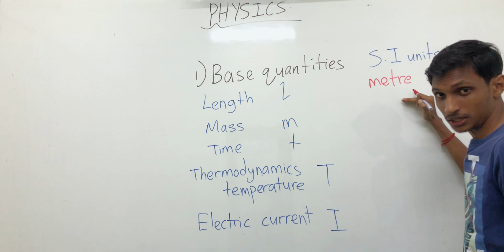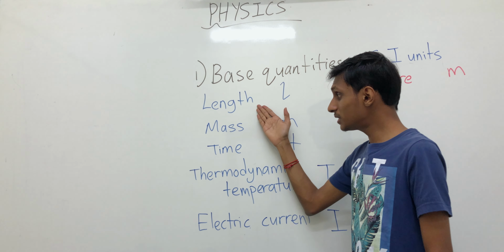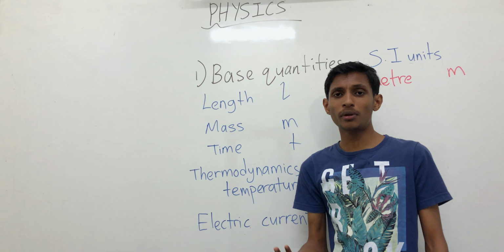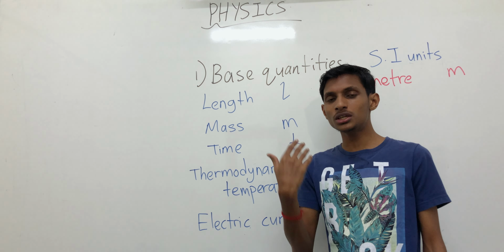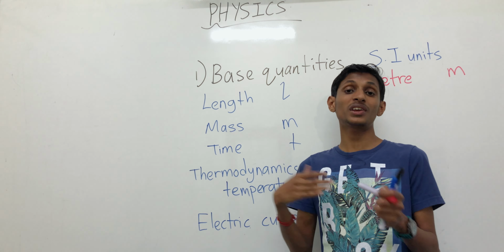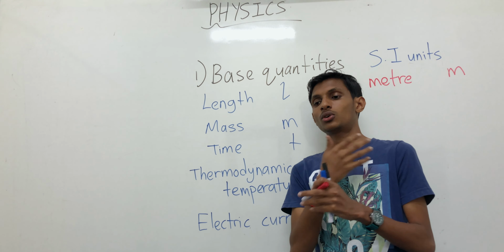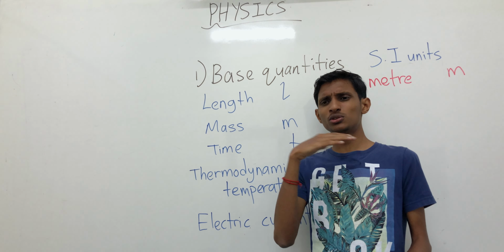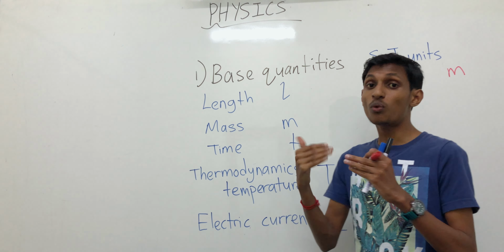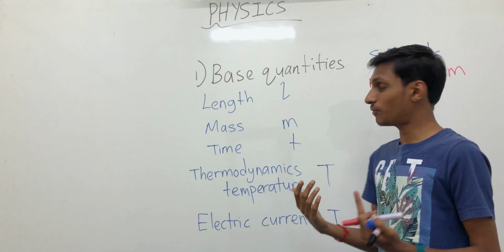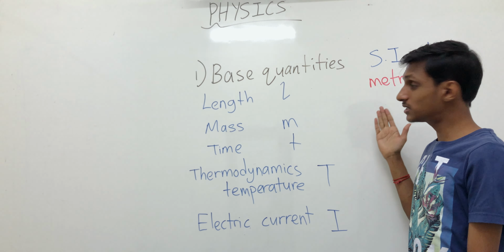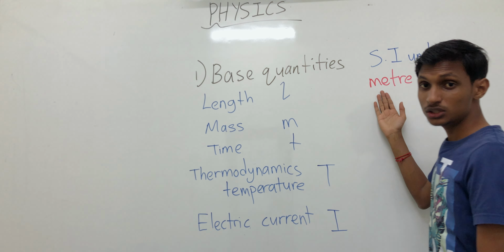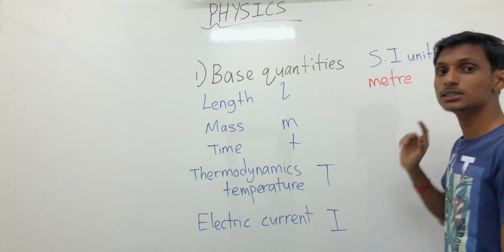So this is the standard, which means you could use centimeters or inches, for example, but across the world, you don't want confusion when, for example, doing an experiment or collecting data. You need to be able to read it across the world. You don't want confusion and conversion errors. So to avoid that, all the countries have agreed to use SI units, which is the standardized international system of units. So meter is the SI unit and the symbol is m.